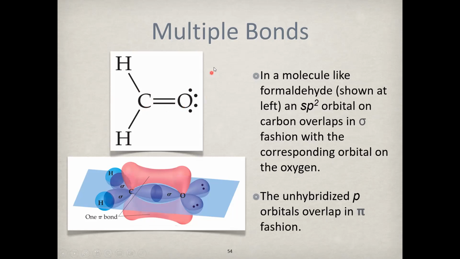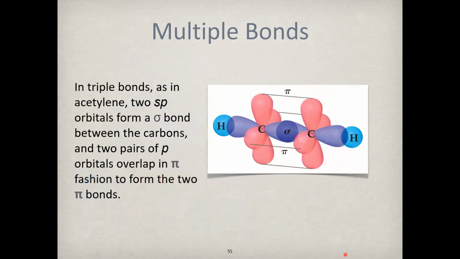So remember, with carbon, we've got 2s, and then we've got 3 orbitals in the 2p. So we hybridize the 2s orbital with 2 of those p orbitals, but we still have the third p orbital unhybridized, and that's why we're able to have this pi overlap here. That's why we're able to have that double bond between the carbon and the oxygen.